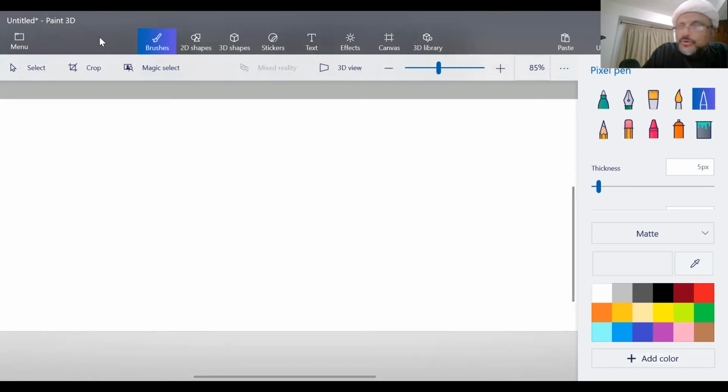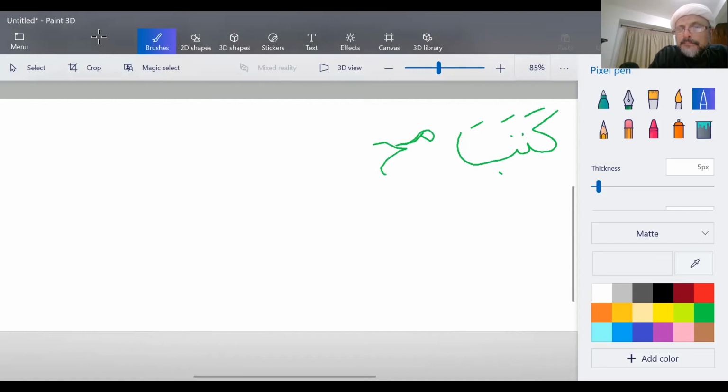Remember, I'll give you another example. Kataba Muhammadun ad-darsa. This is not in your slides, because I forgot to write it on the pink one. I made the big pink one, but did not have time.